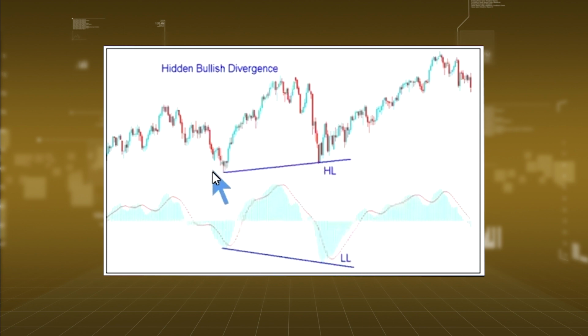So you're looking at higher lows, rising bottoms on price, and then you're looking at lower lows on your indicator, moving lower, declining bottoms. I don't even use that term because it's not really what you're going to get. So, okay, it's again reverse.